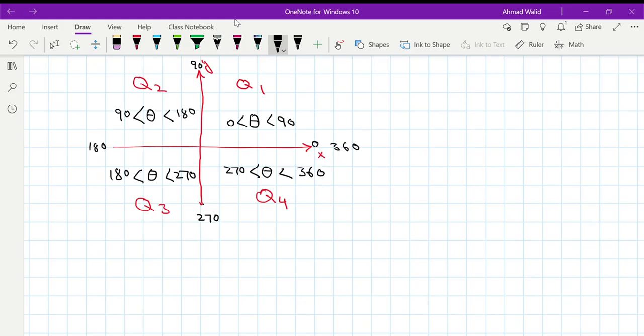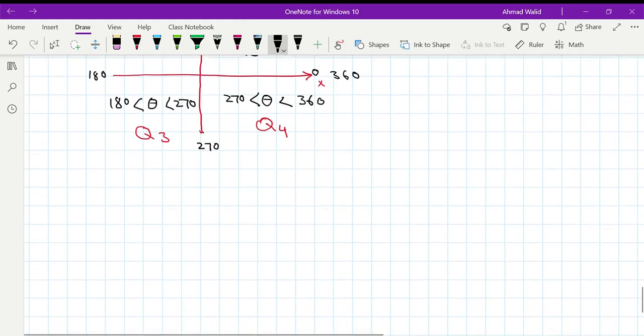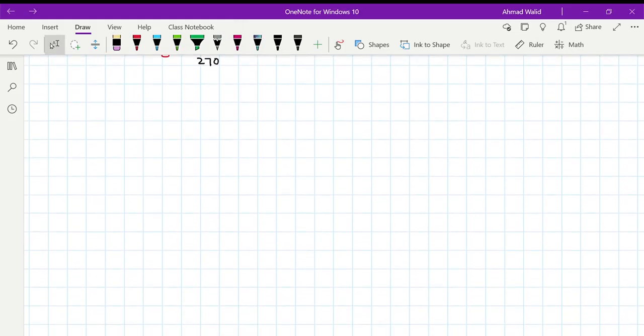Correct? Now, there is another interesting topic about angles that you should know. We call them quadrantal angles. Which kind of angles?